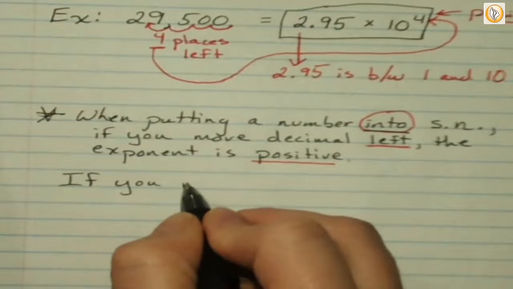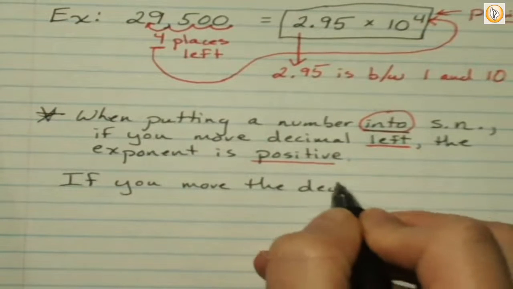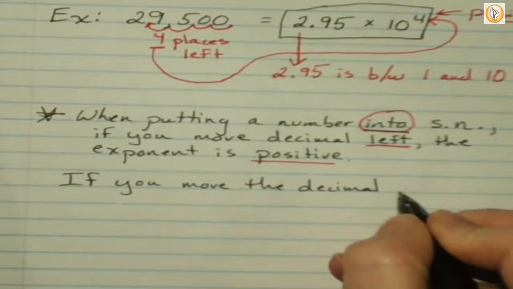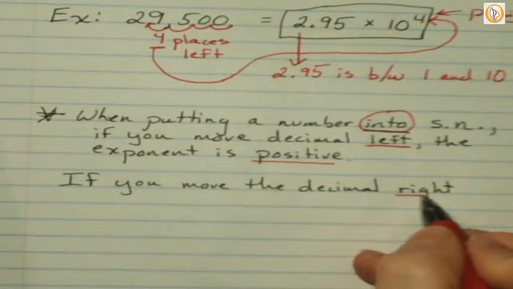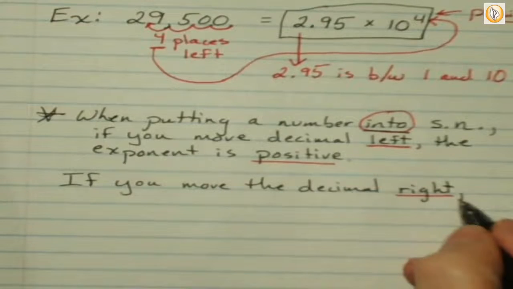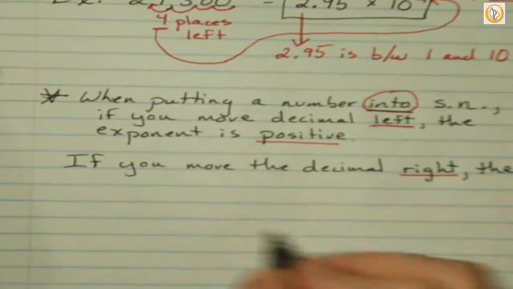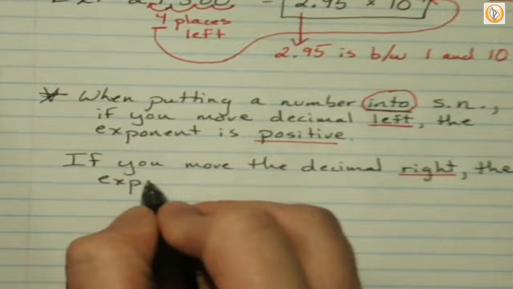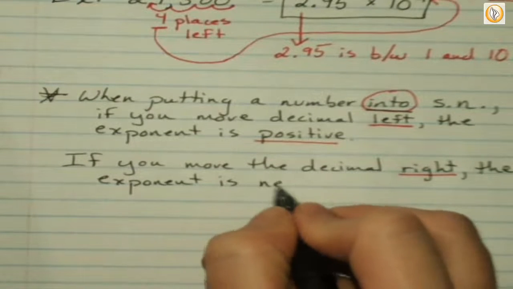If you move the decimal right, the exponent is negative.